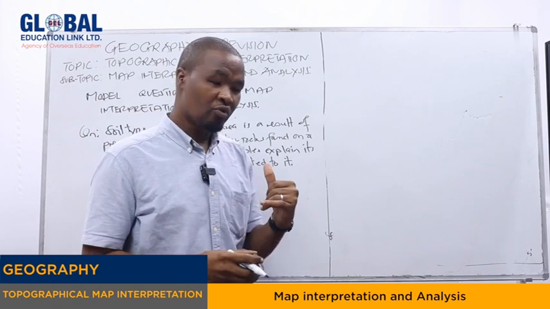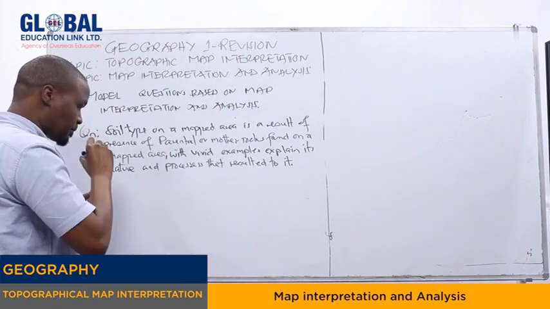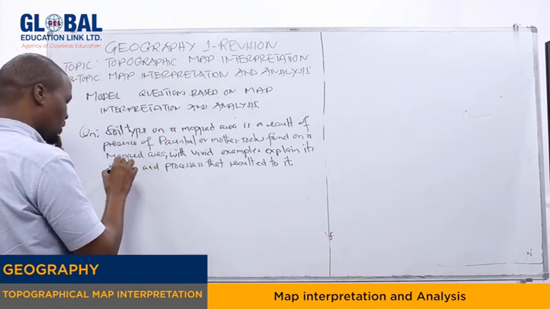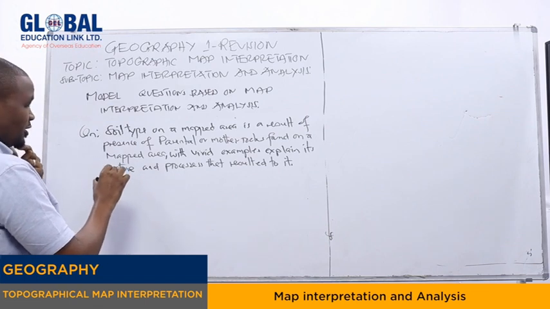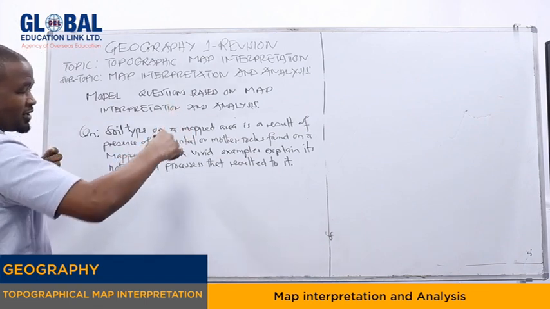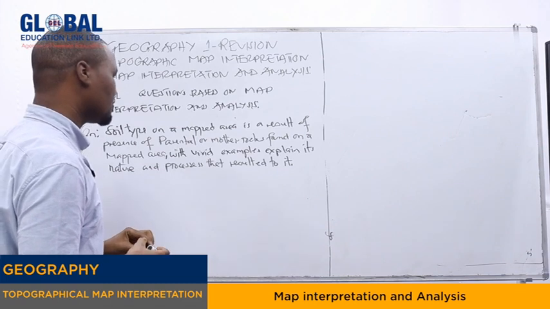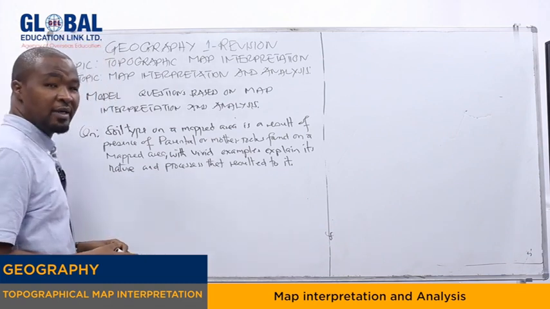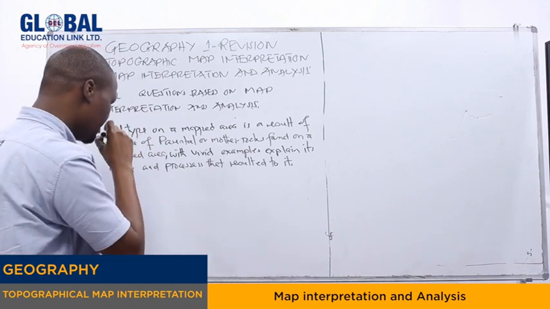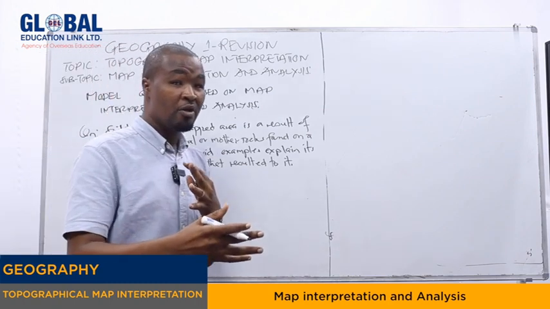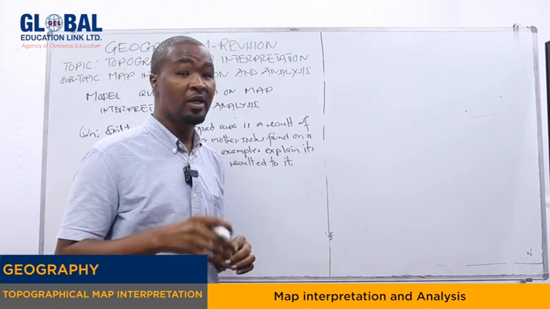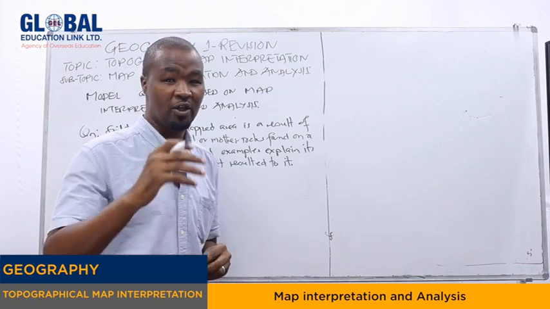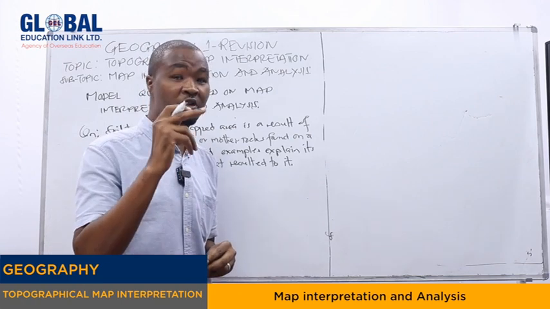So let's go back to the map. Let us see the nature and the processes that have resulted in different types of soil found on the map area. Starting without wasting time, we have two or three types of soil found on the map area, and normally we have two types, depending on the process.